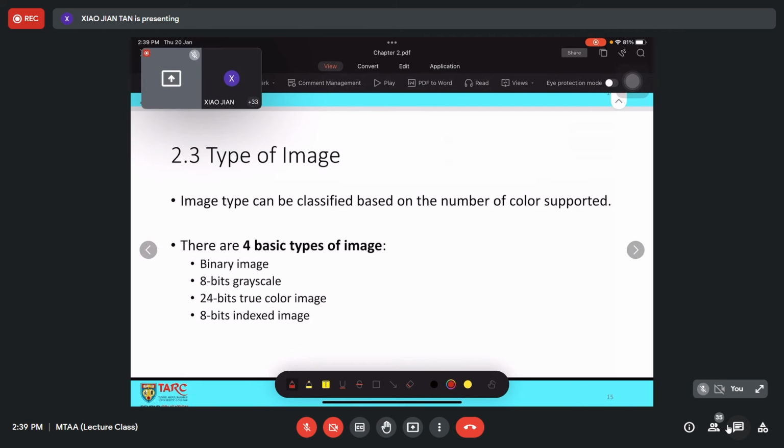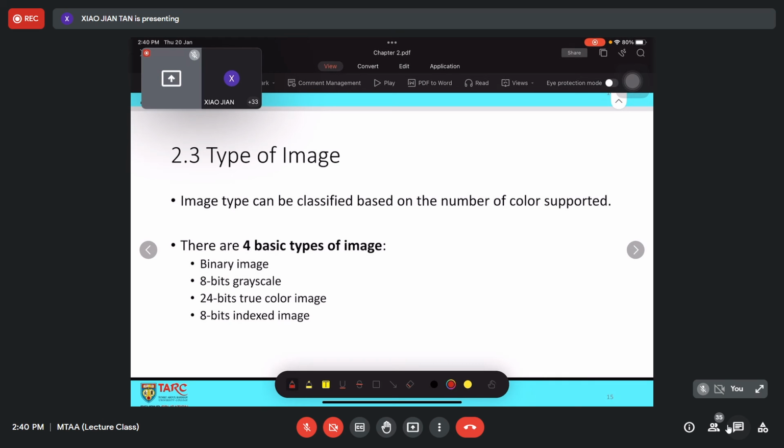Now we are talking about types of image. Basically we have four basic types of image: binary image, 8-bit grayscale, 24-bit true color image, and 8-bit index image. The binary image is the one that I mentioned just now, only black or white, either 0 or 1. 0 for black and 1 for white.